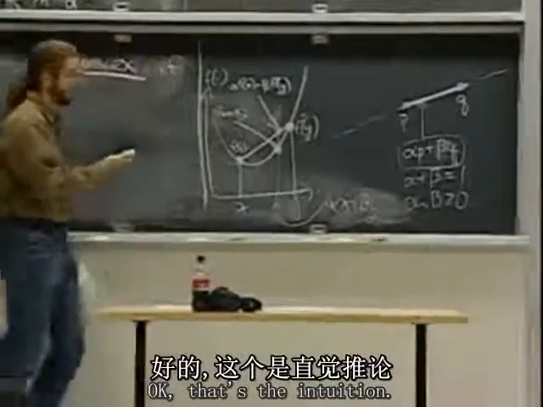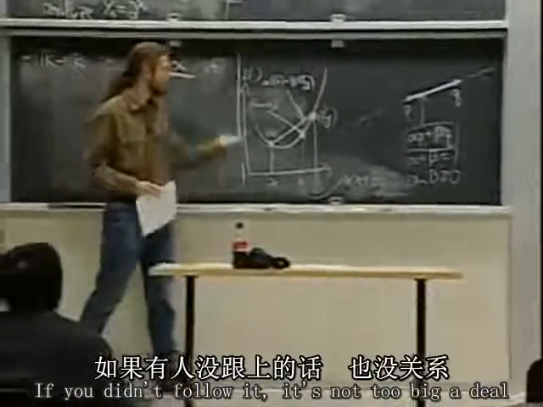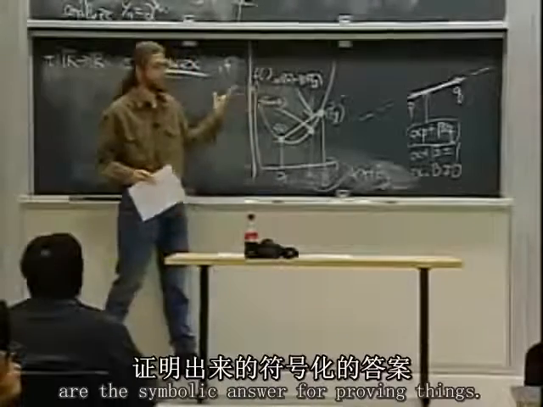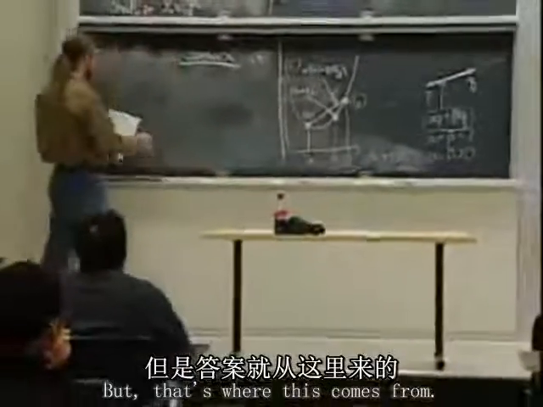Okay, that's the intuition. If you didn't follow it, it's not too big a deal because all we care about is the symbolic answer for proving things. But that's where this comes from. So here's the definition.